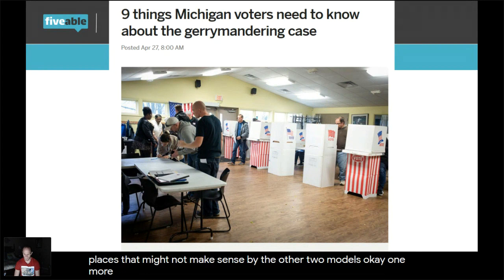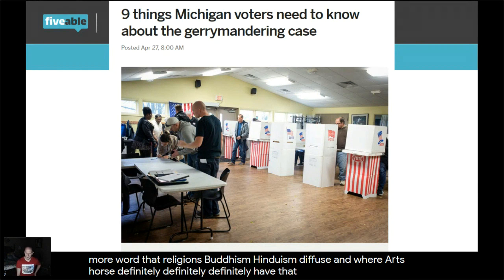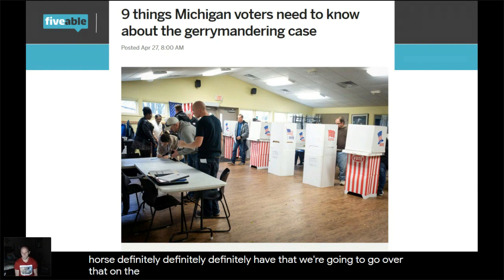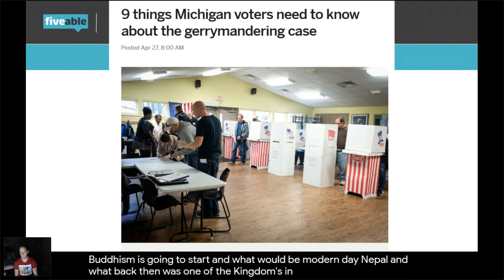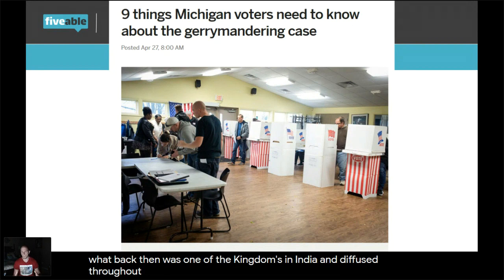Okay, one more. Where did the religions Buddhism and Hinduism diffuse, and where are their hearths? Definitely have that. We're going to go over that in the bonus review, hopefully. But yes, Buddhism is going to start in what would be modern-day Nepal, and what back then was one of the kingdoms in India, and diffused throughout India.